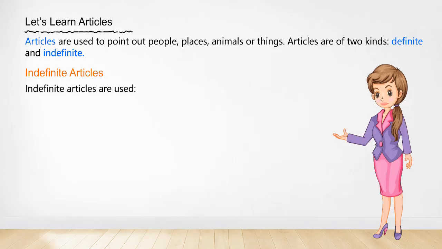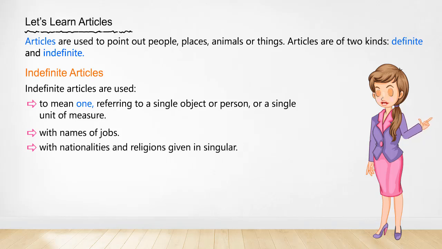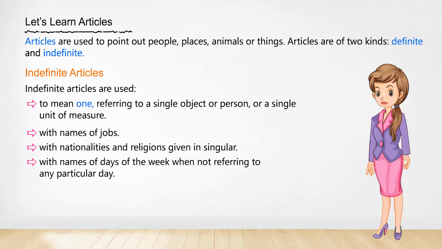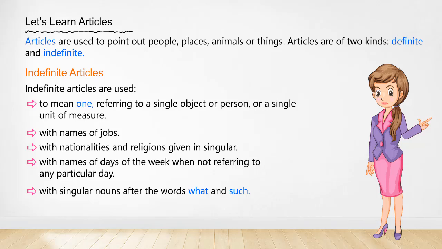Indefinite articles are used to mean one, referring to a single object or person or a single unit of measure, with names of jobs, with nationalities and religions given in singular, with names of days of the week when not referring to any particular day, with singular nouns after the words what and such.